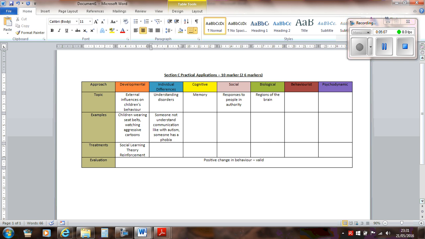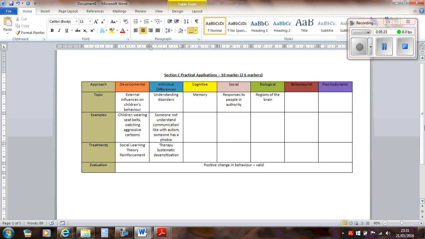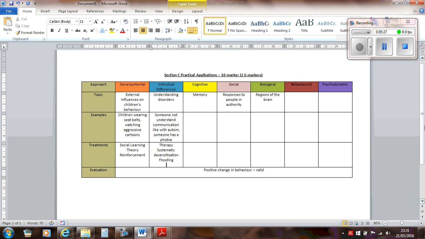So your treatments, if they're going to be things like therapy, things like systematic desensitization, flooding maybe. It could be things like reinforcement.